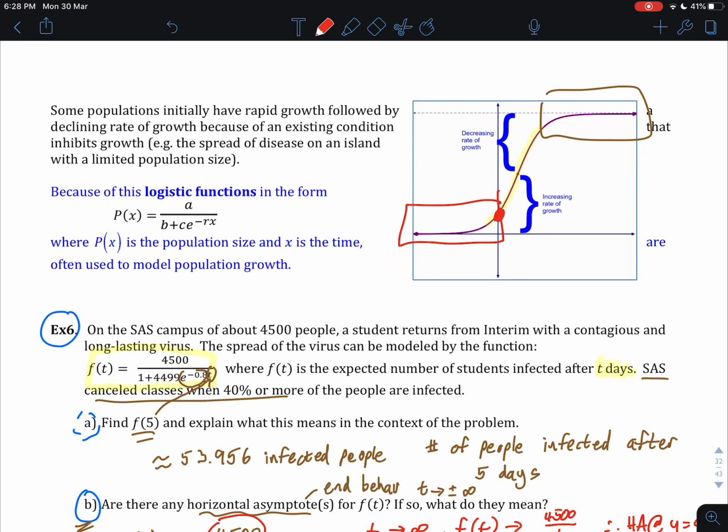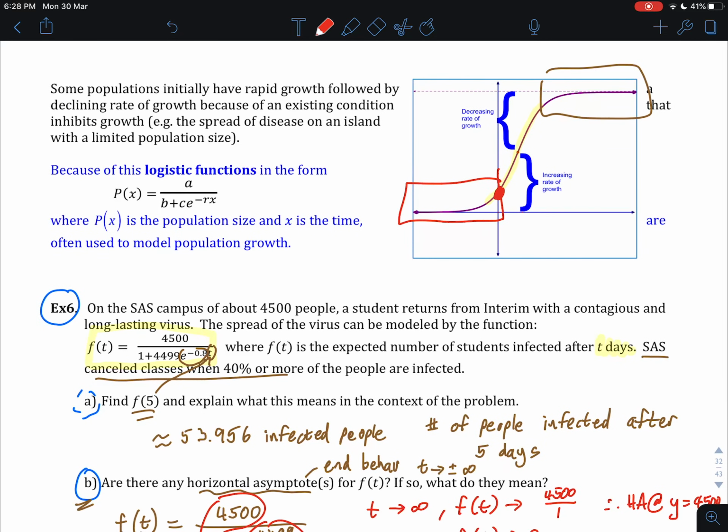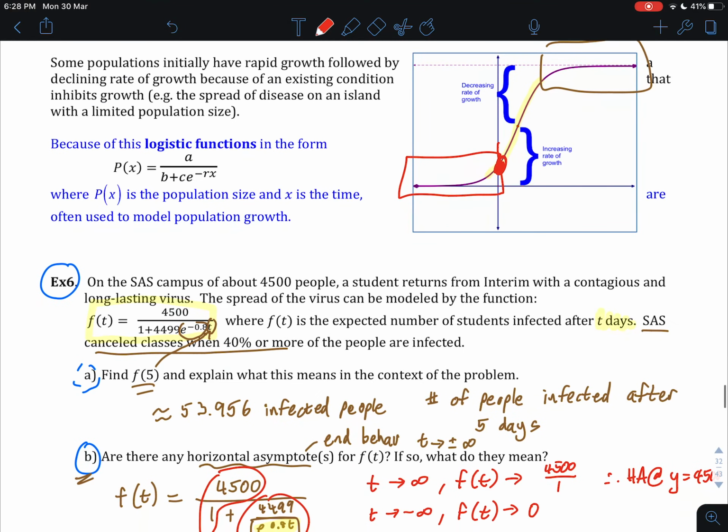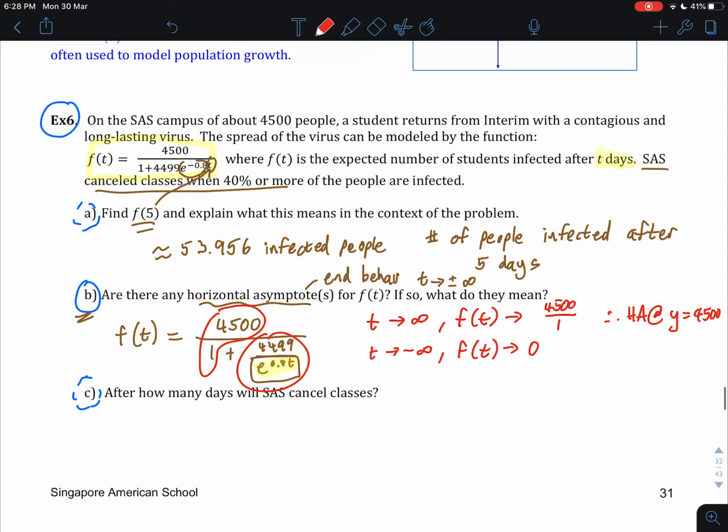And so it's not relevant or realistic for us to be able to backplot the infection. First of all, we don't have any knowledge about this time, and this indicates the first time we discovered anybody being infected. And so in the context of these problems, this horizontal asymptote is not relevant to our model.